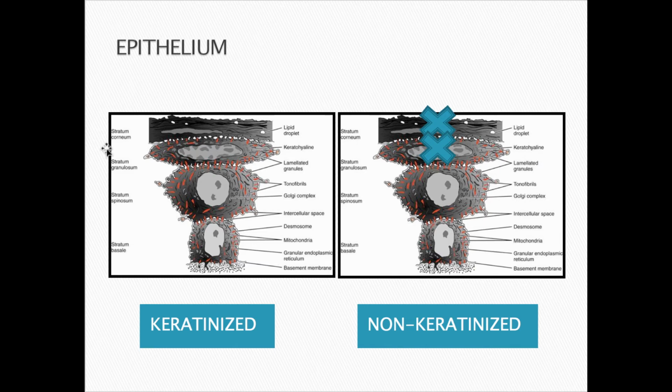Again, keratinized epithelium, as you see on the left, is composed of 4 layers: the stratum basale, which is the basal layer of cuboidal cells along the basement membrane, is the site of cell replication and manifests a full complement of organelles. Next is the stratum spinosum, which is referred to as the spinous or prickle cell layer.